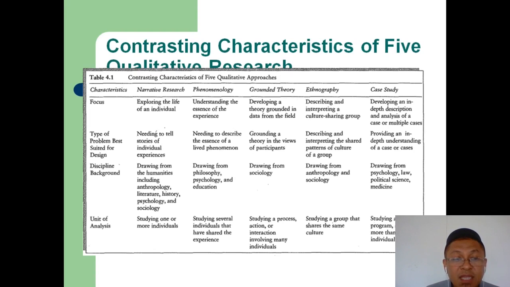And the type of problem best suited for this design is needing to tell stories of individual experiences. So we want to tell the stories. Okay, it's like a biography. Biography. And then drawing from the humanities, including anthropology, literature, history, psychology, and sociology. This is the root of this narrative research. And you can study one person.